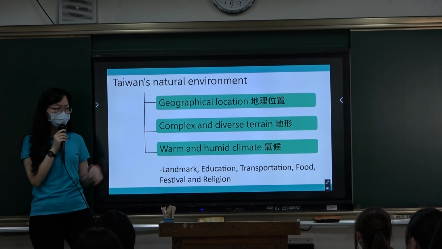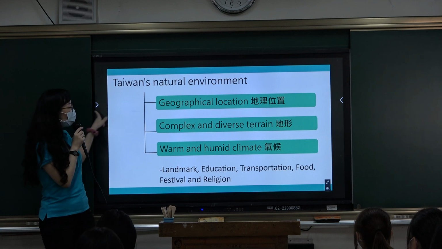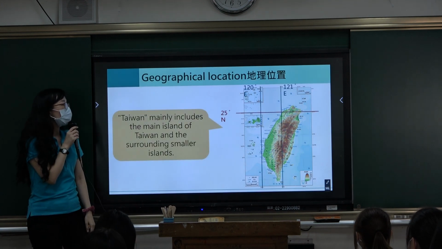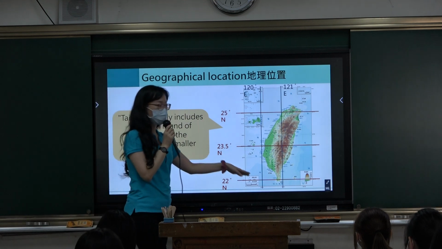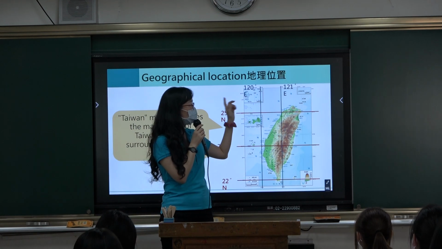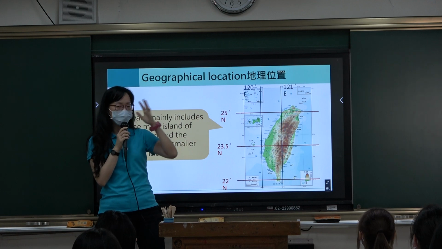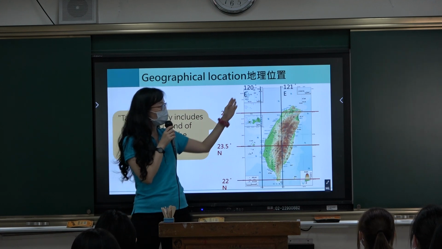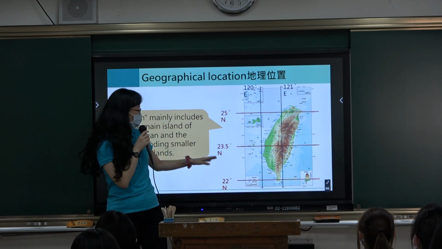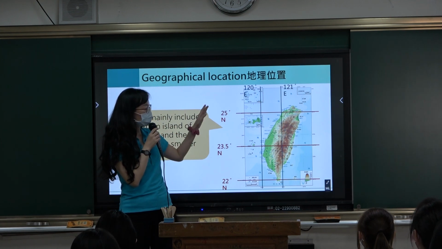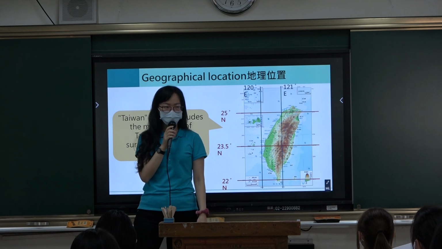So let's start. So first one, we are going to introduce the geographical location in Taiwan. So where is Taiwan? Taiwan is located at the longitude is 120 to 122 degrees east. The latitude is from 22 to 25 degrees north.